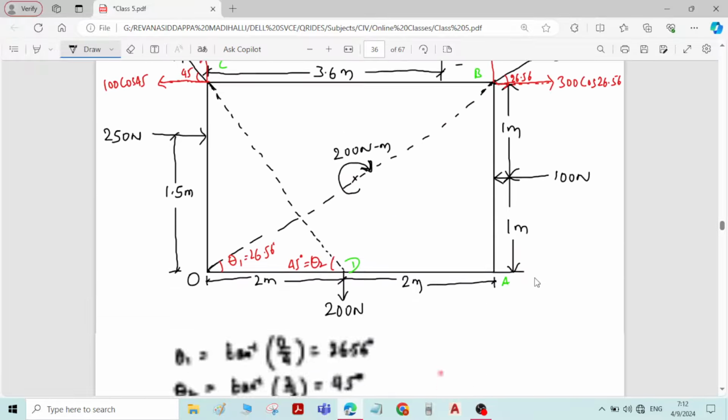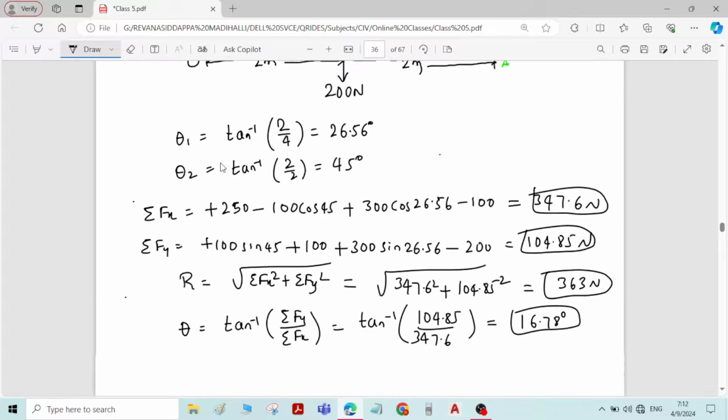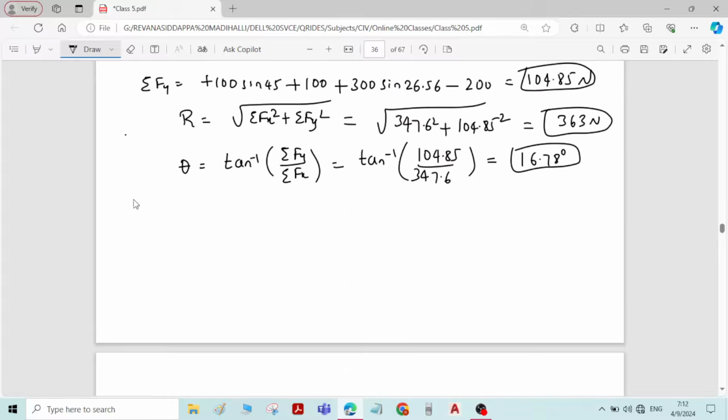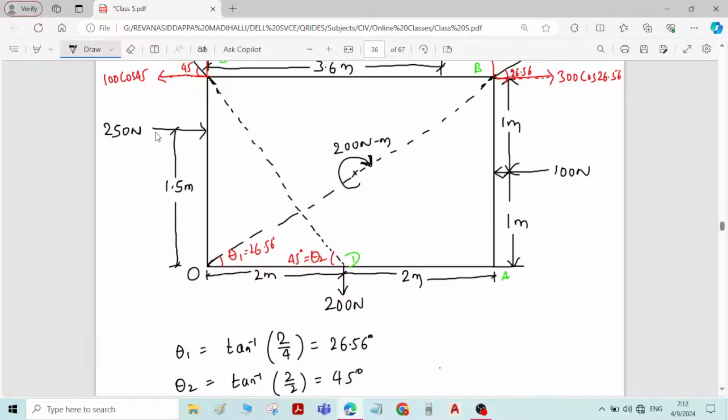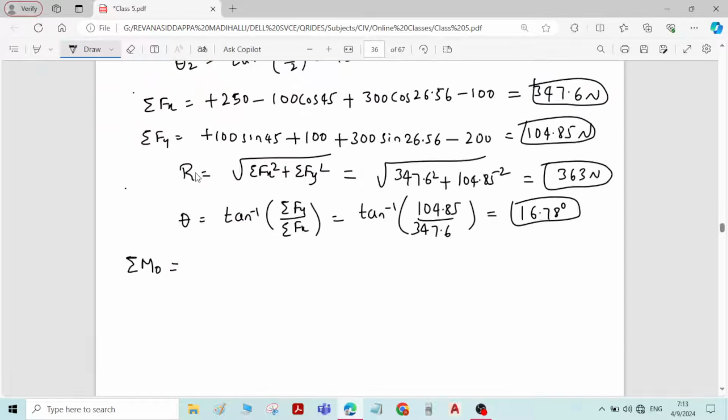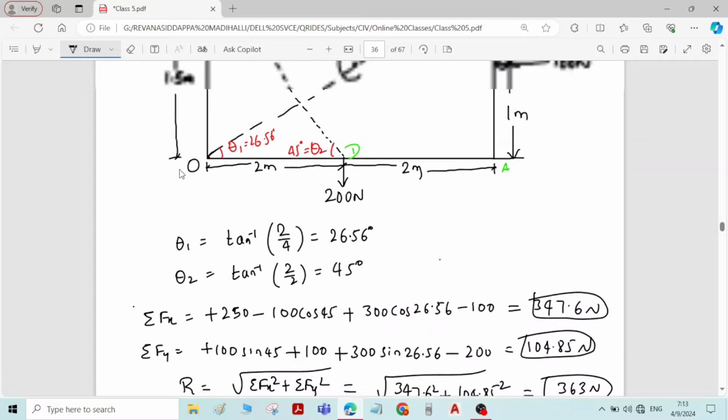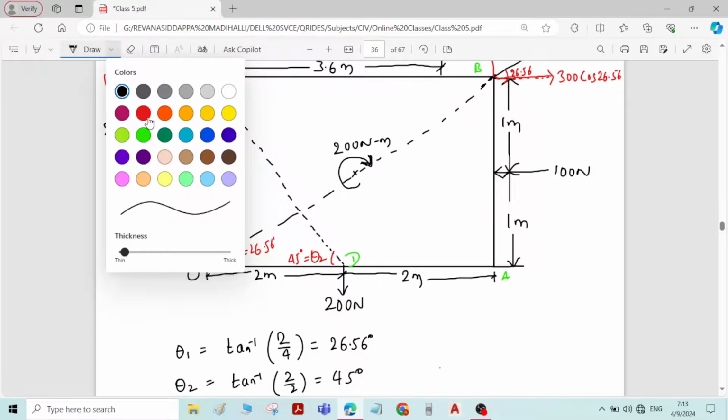Now we will find position with respect to point O. To find position with respect to point O, we need moment about O, the sum of moments of all the forces about point O. We will find moment of 250 Newton force about point O. 250 into the perpendicular distance of point O from the line of action.